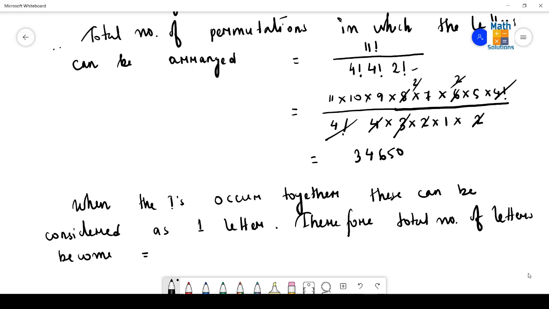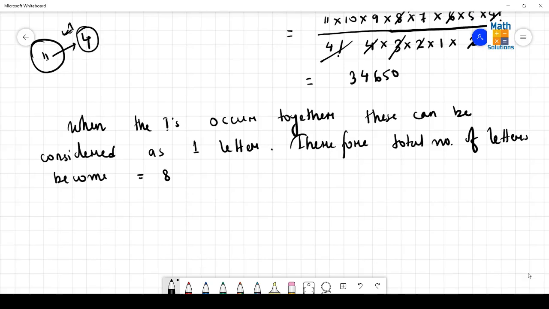Amongst these, a total of 11 letters were there. Out of these, 4 letters were 4 i's. So if we consider these 4 i's as a single letter, in that case, in total, how many letters do we get? 11 minus 4 will be 7. 7 plus 1 will be 8. So in total, 8 letters we shall be getting here.